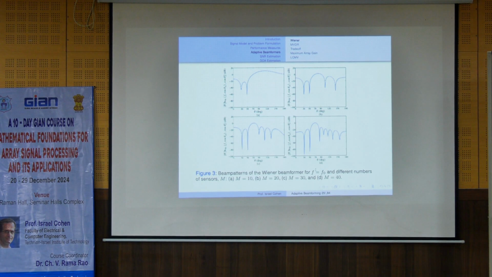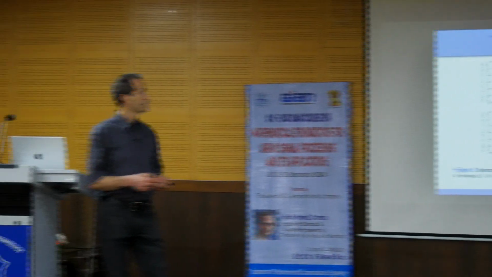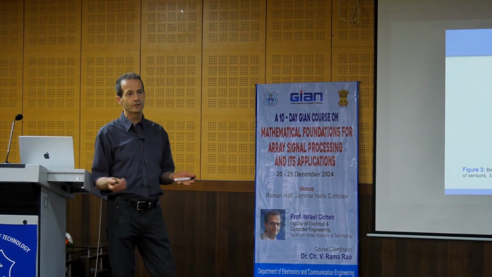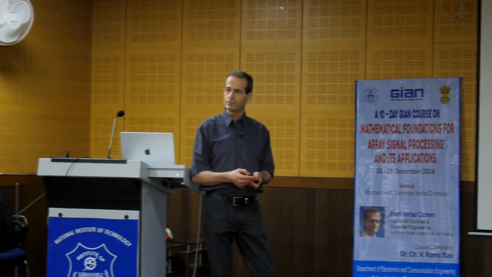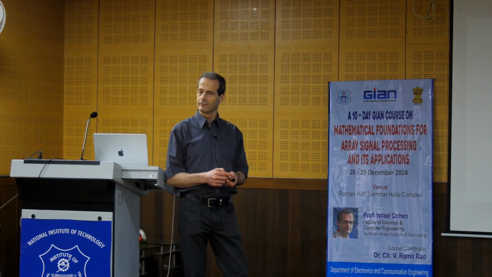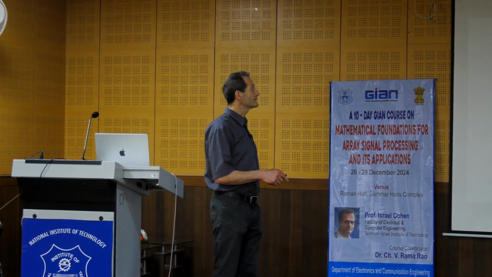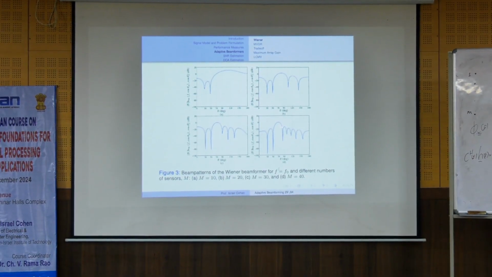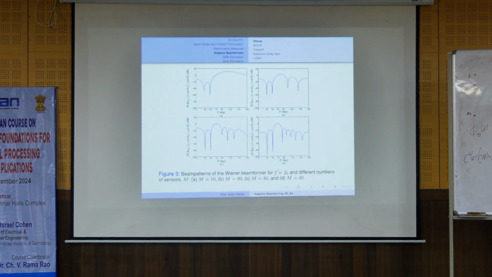Don't expect that it will be robust to such sudden appearance of interference from that direction, because you didn't include it in the definition of the problem. Now, if we increase the number of sensors, you see the more sensors that we use, the main beam becomes more narrow.